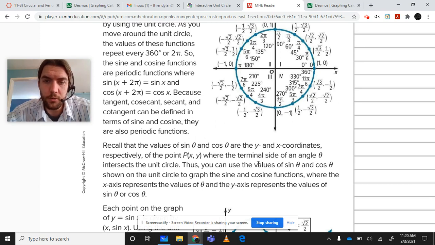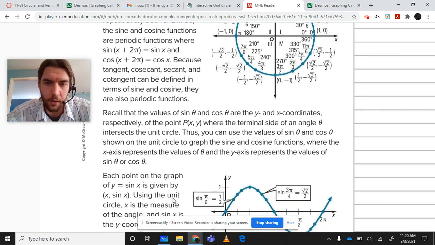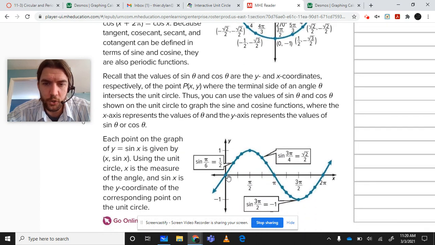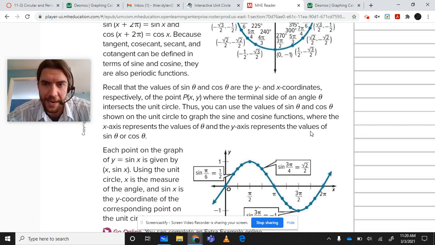Thus, you can use the values of sine theta and cosine theta shown on the unit circle to graph the sine and cosine functions, where the x-axis represents the value of theta and the y-axis represents the values of sine or cosine theta. Okay, so if we're just looking at the sine graph, what they're saying is that the x-axis is representing the angle.